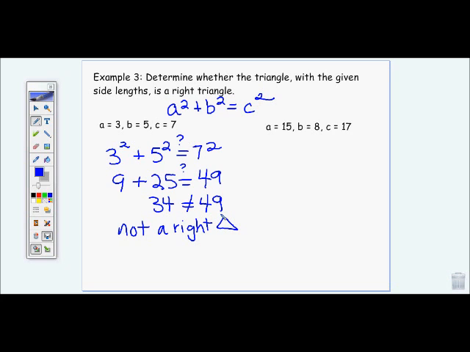Let's go ahead and test some other measurements. We have 15, 8, and 17. So let's try 15 squared plus 8 squared equals 17 squared. Now I know mentally my 8 squared is 64. I might need to use my calculator for 15 squared, or use your books. You can turn to the page we mentioned that has the whole chart on it. 225.